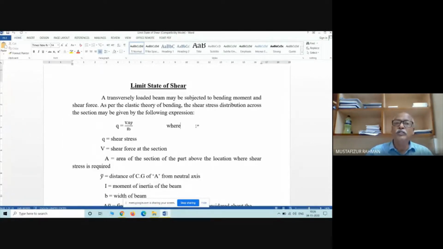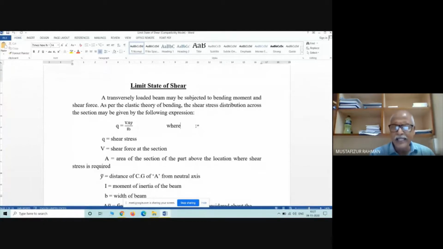Now the shear force is normally designated by the capital letter V. This shear force is always parallel to the cross-sectional plane. That means this cross-sectional plane should be able to resist whatever shear force will act or be induced. So first we have to check whether it will be able to resist it or not.